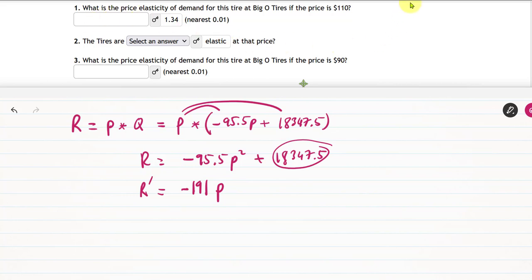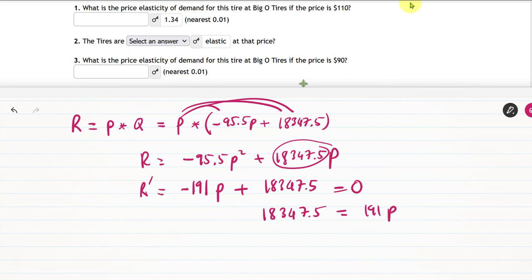Oh, sorry, I forgot the P. When I multiply P to here, it should be P. So it plus 18347.5 when we take the derivative. And then set it equal to 0. And then now you add 191P on both sides to isolate the P, so we can solve for the price. 191P, and to solve for P, we divide both sides by 191.